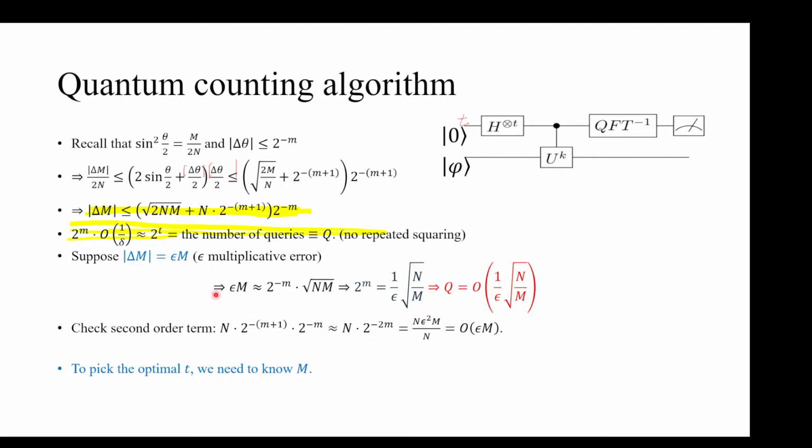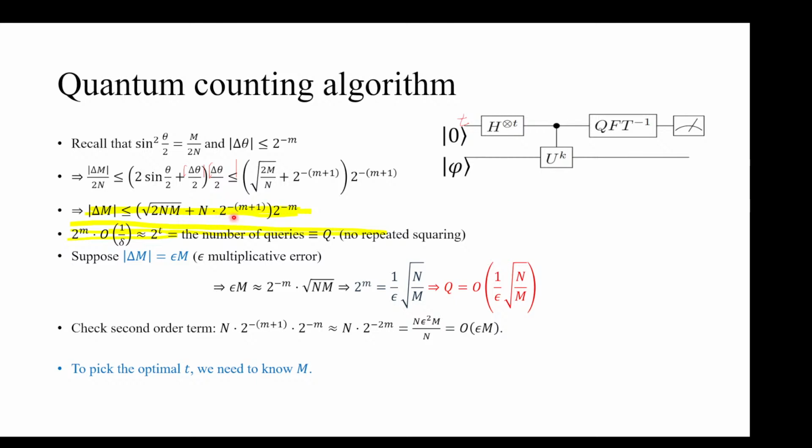If we have delta m equal to epsilon m, where epsilon is some constant multiplicative factor, and you try to solve this, it looks very complicated, but it's pretty easy to see that this second term is going to be pretty small all the time.